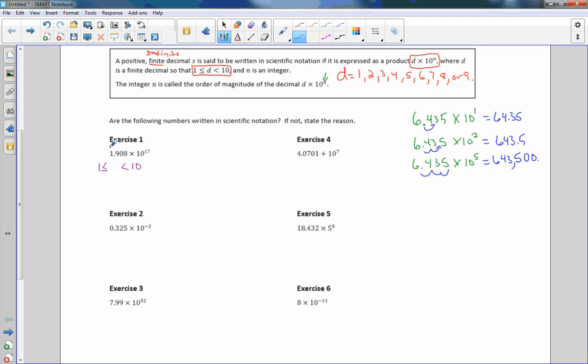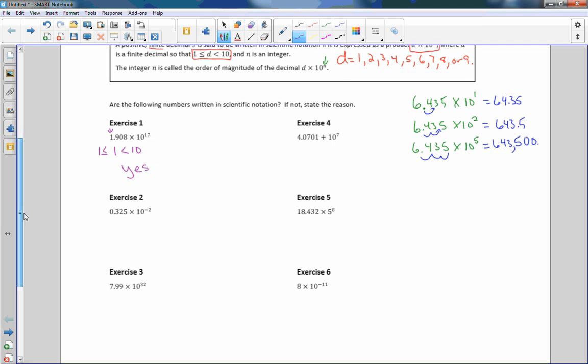And the number we're talking about is the number on the left of the decimal, and that is a 1. And since 1 is equal to 1, that's okay. So far so good. The next thing is we need a multiplication symbol, we need a base 10, and we need an n that is finite. So we have an x, we have a base 10, and 17 is finite. So this is scientific notation.